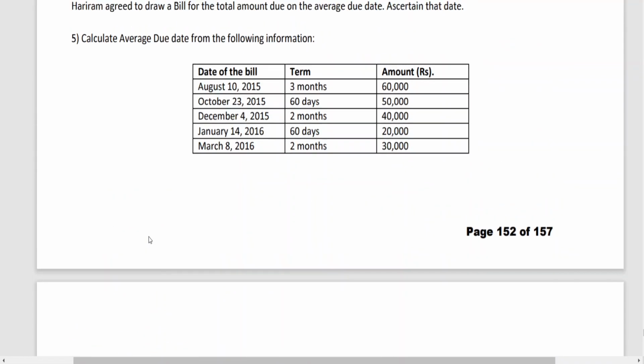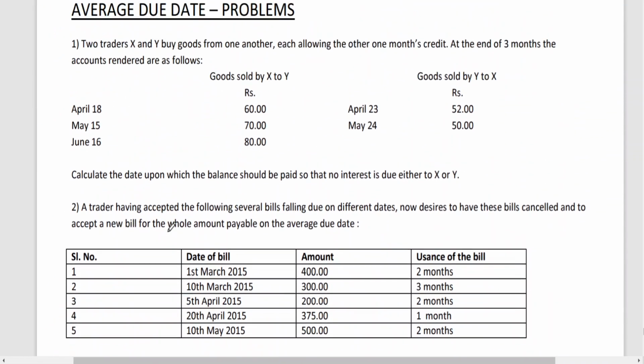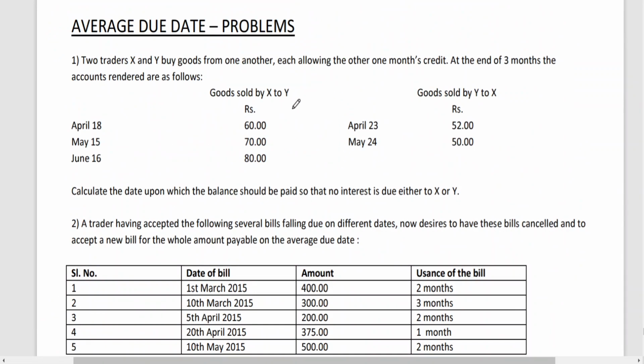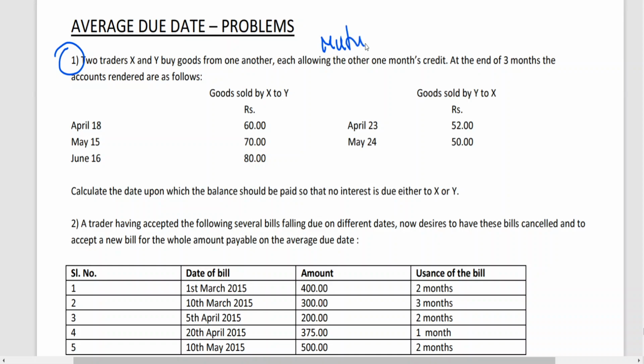Now let us look at mutual owings. This is the problem of mutual owings. Two traders, this is what I am working out today.